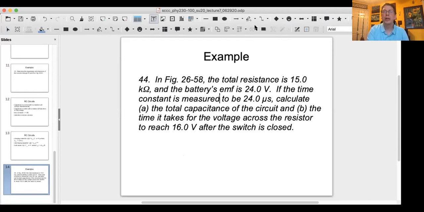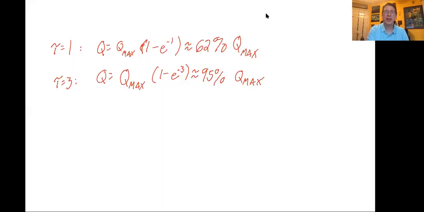So let's set this up. Again, back to the whiteboard. And so we'll clear the screen. The first thing we will do is set up the diagram. So we have our power source here.